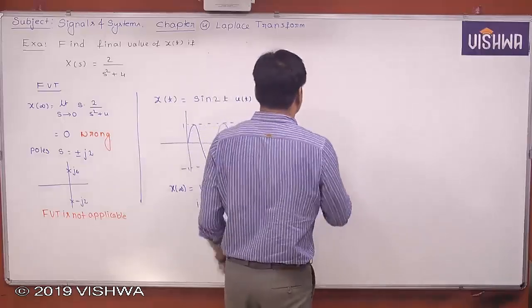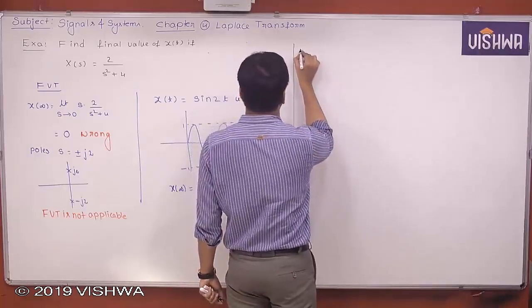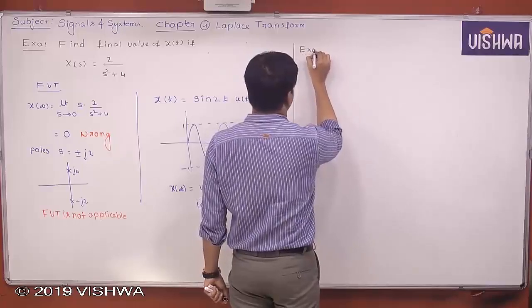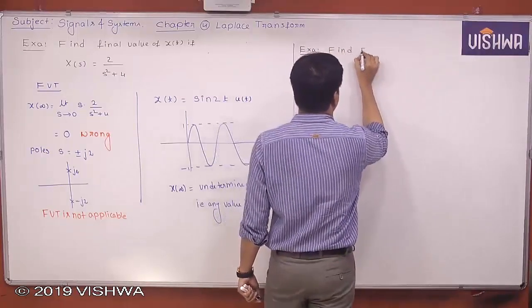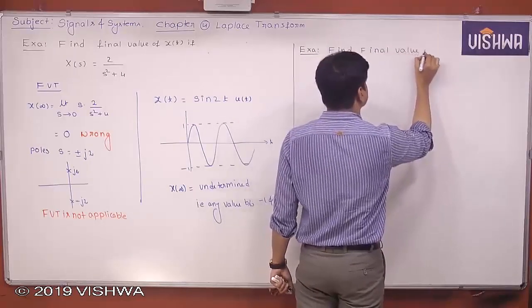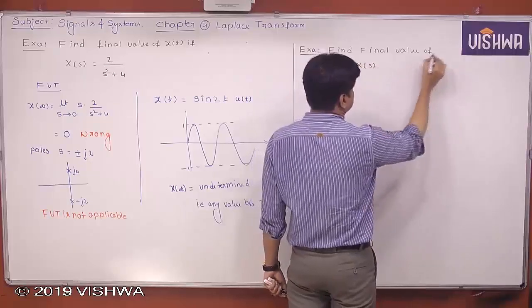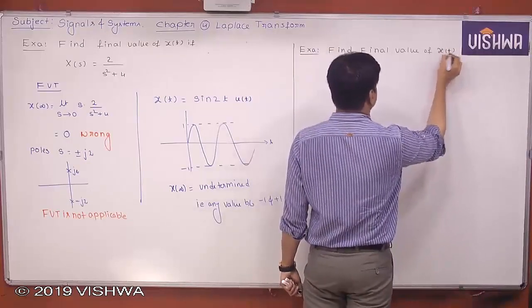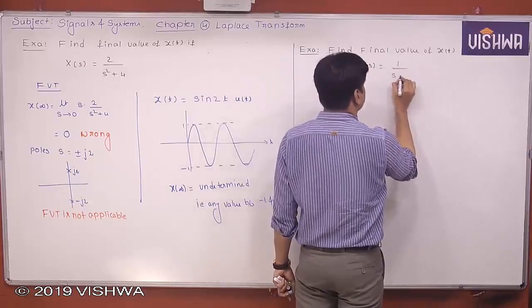Let's take one more example. Find the final value of x of t if x of s is equal to 1 by s minus 3.